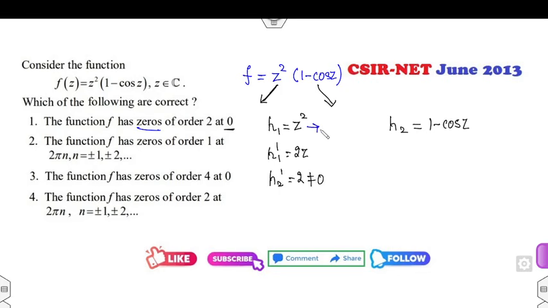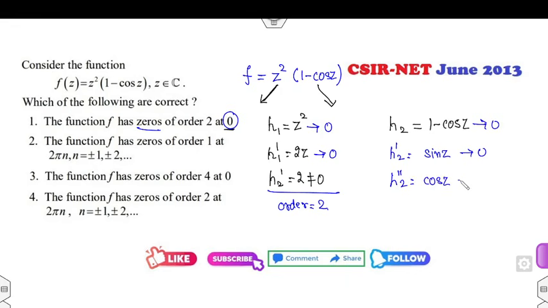That means this value goes to 0 at the point 0, and this value also goes to 0. It is not 0, which means the order is 2. In this case, this is my sin z, which goes to 0. H2 double dash is cos z, which does not go to 0. So again, the order is 2 corresponding to the point 0.